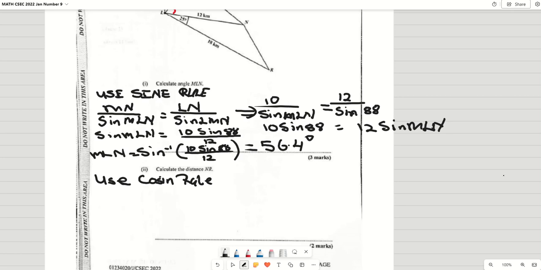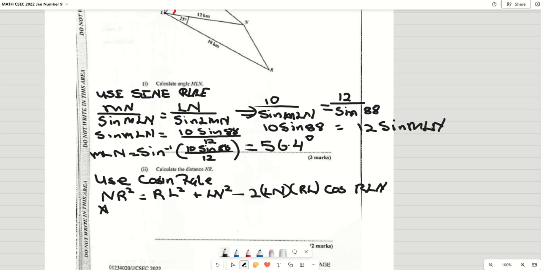That's NR. So it'd be NR squared is equal to the other two sides, which is RL squared plus LN squared minus 2 LN by RL cos the angle that is given, which is cos RLN.